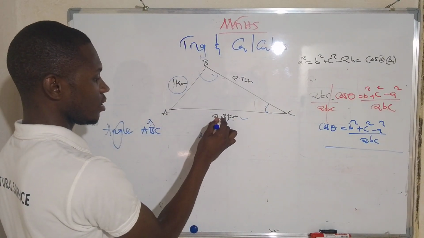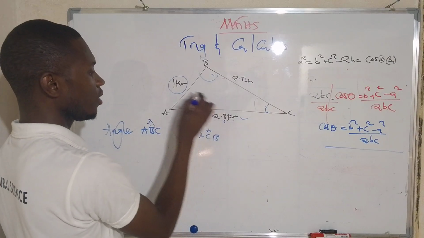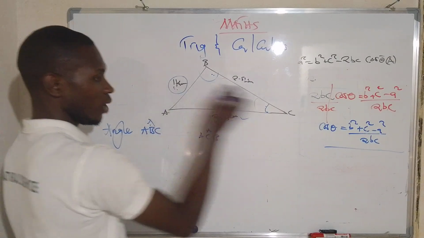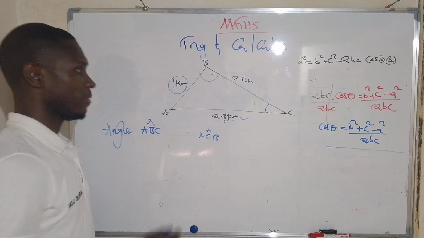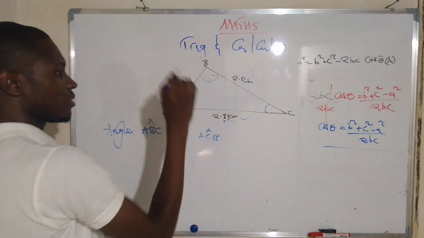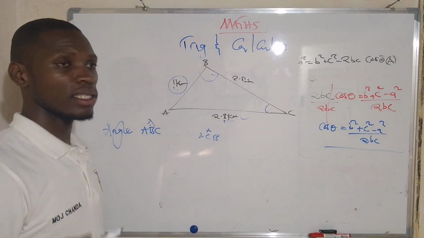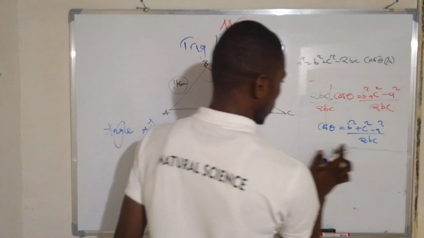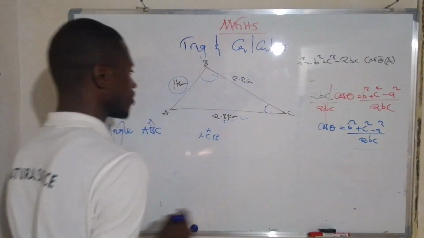So you add this and this, then subtract this one, then again you divide by this and that. So that is the way we do it in mathematics, the cosine rule. Therefore, let's follow the procedure now.